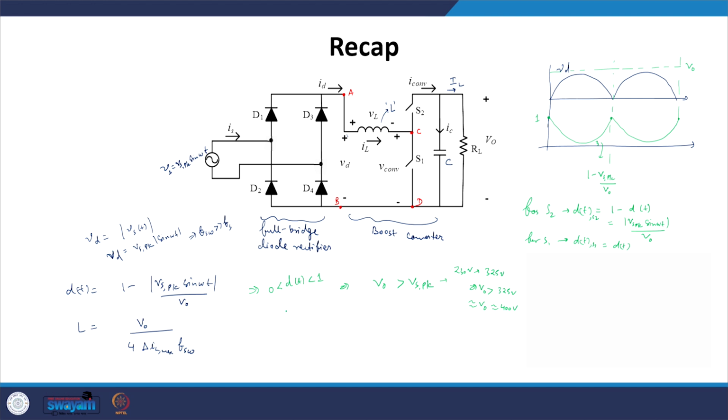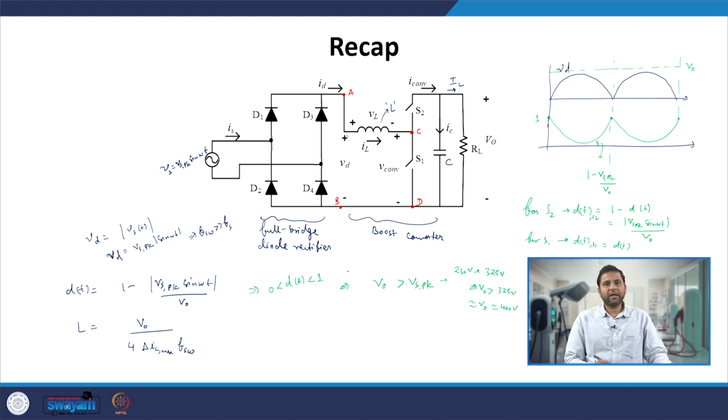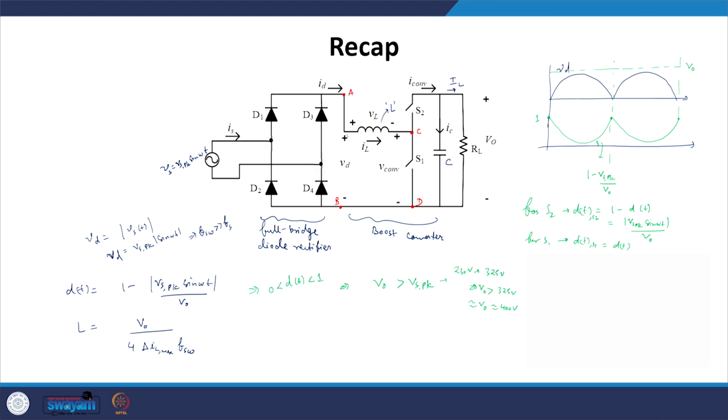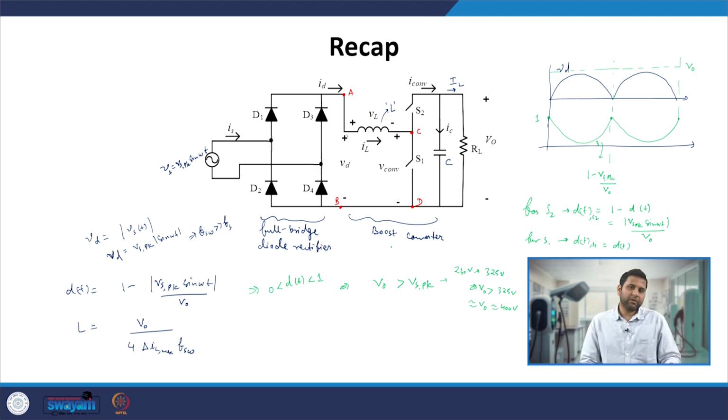Then we moved ahead and started sizing the different components, because that is important once you are going to design this kind of AC to DC converter, which is a boost power factor correction converter.